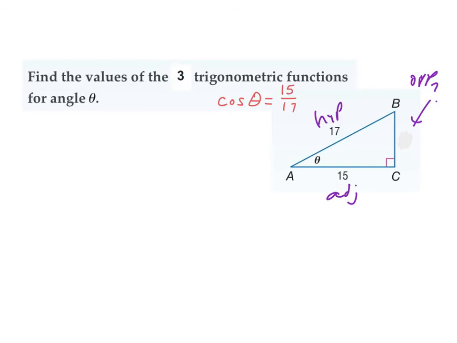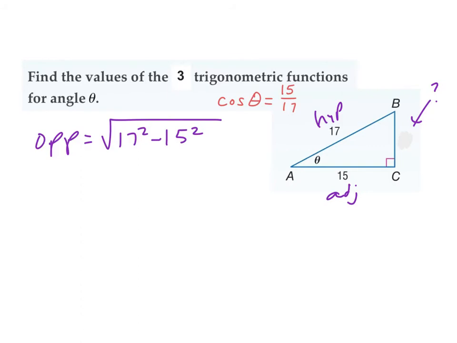So all I need is 2 more. But in order to find those 2 other ones, I need this opposite side, because sine is opposite over hypotenuse and tangent is opposite over adjacent. So in order to find this opposite side, I have to use the Pythagorean theorem. Since I have the hypotenuse, am I going to add or subtract under the radical? Hopefully you said subtract.